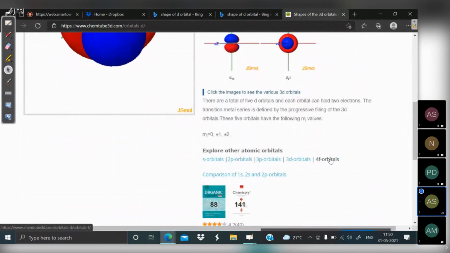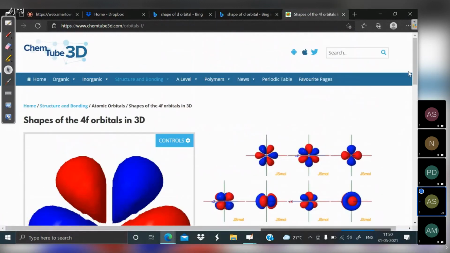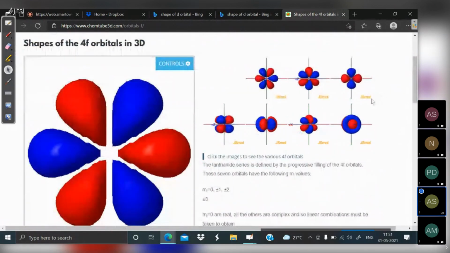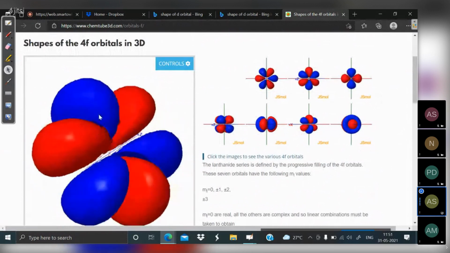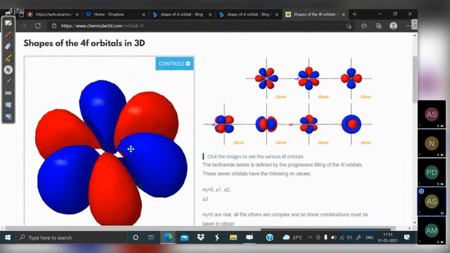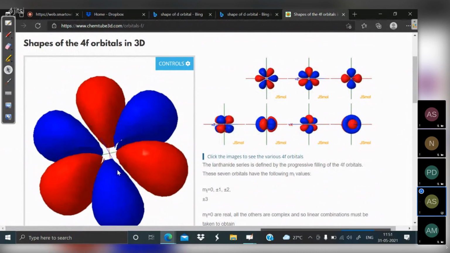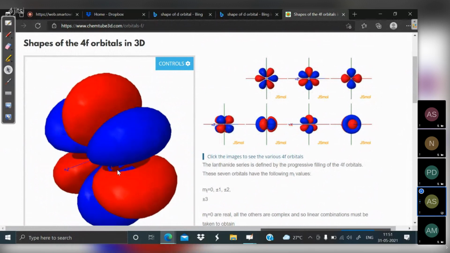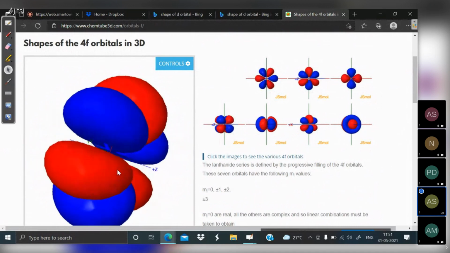Then what about the f orbitals? I told you that f orbitals are quite complicated. For f, you have seen that there can be 7 possible structures. In the diagram you can see it's a very, very complicated diagram, because there are so many lobes to it. It is not possible to draw an f orbital on paper. So these are computer generated images, just for the sake of seeing how the orbitals look.